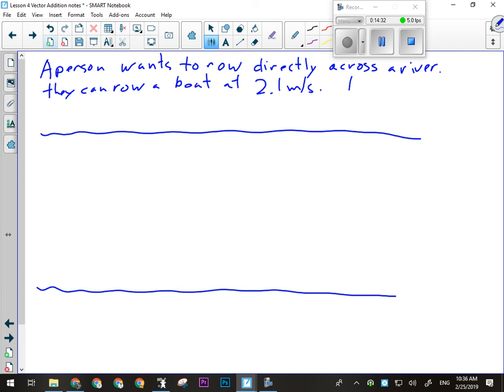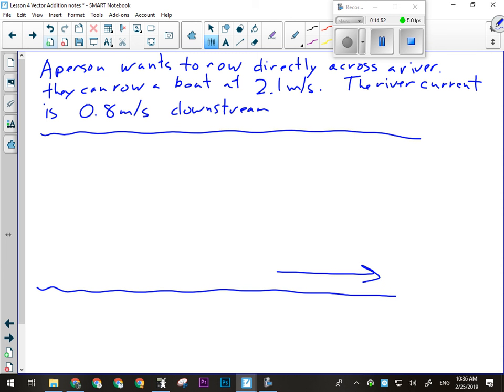The river current is, let's say, 0.8 meters per second downstream. So I would say something like this. That's downstream. All right, so the question would say, what direction do they need to row?